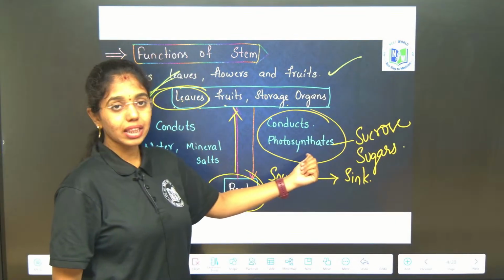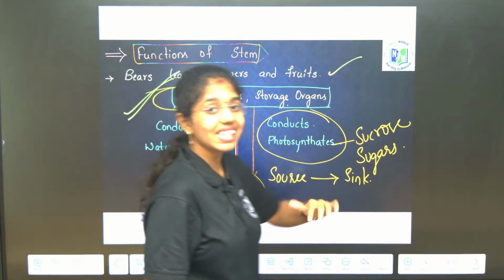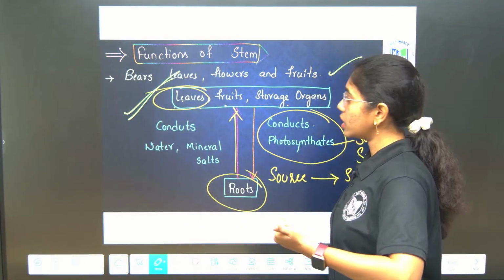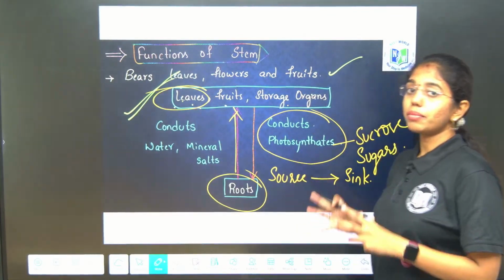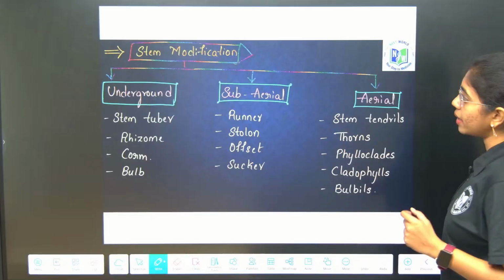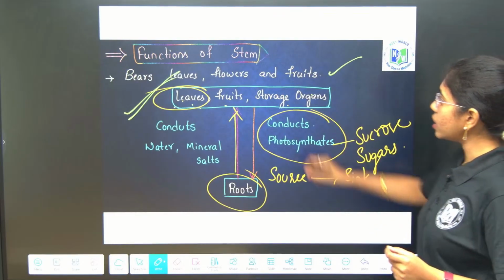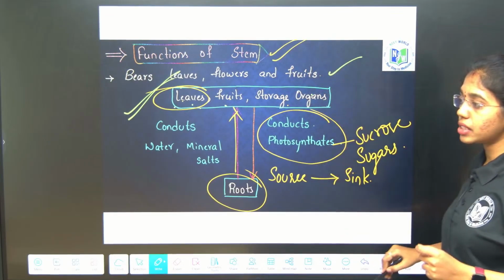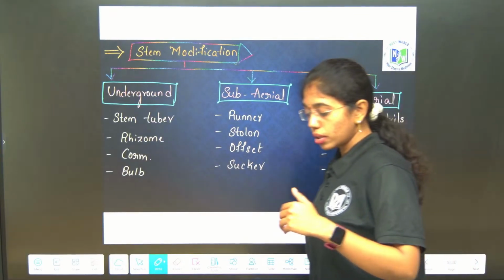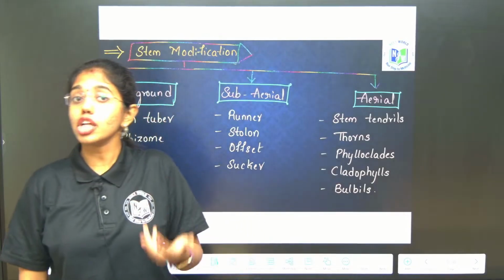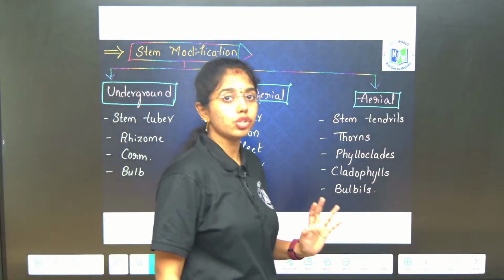Transport of photosynthates is multidirectional, as it is from source to sink points. So these are the major functions of the stem, and most important function is this majorly provides the mechanical support to the plant body.